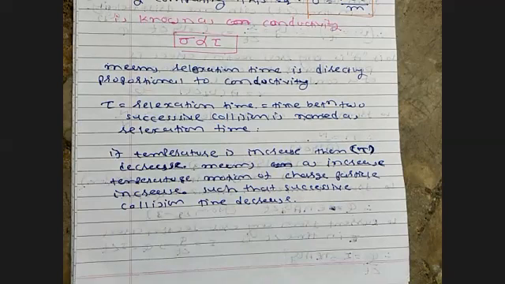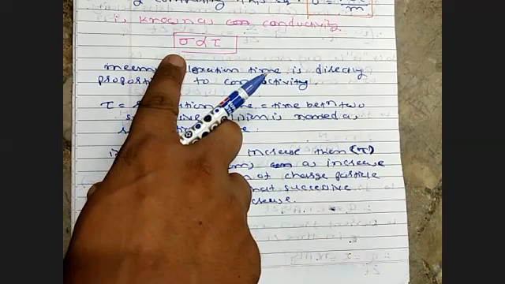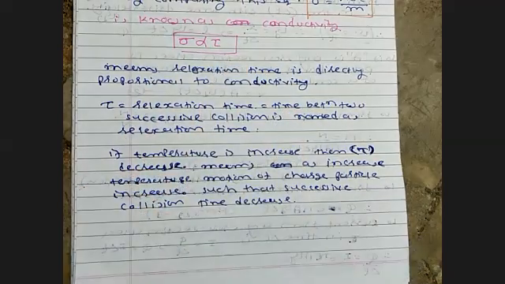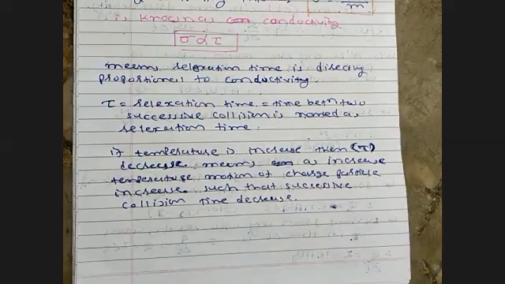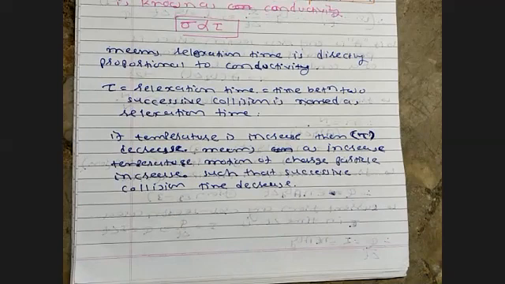So understand properly, and vice versa: if relaxation time decreases, sigma also decreases. What does it mean when relaxation time increases? It means the charged particle moves very slowly, such that the collision time increases a lot.